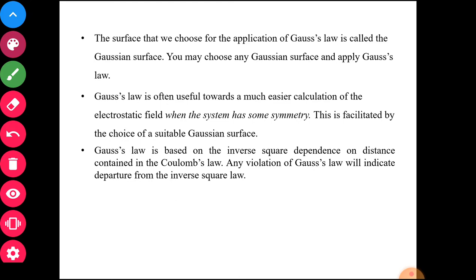Any violation of Gauss law will indicate departure from the inverse square law. So if there is a violation of Gauss law, then we can say that there is no following of inverse square law.